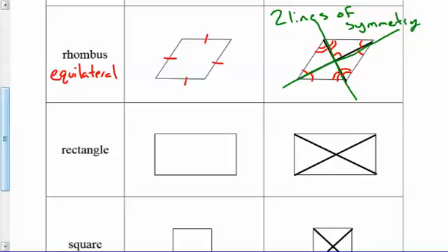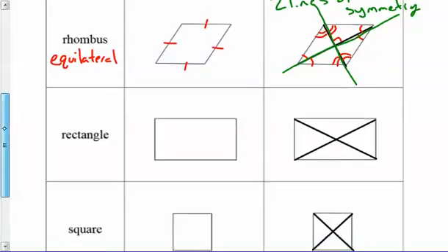You can fold a rhombus on top of itself, and you will create two triangles. Right? So, two lines of symmetry for a rhombus. It's equilateral. All the sides are congruent. Its diagonals are perpendicular. And it bisects the angles.